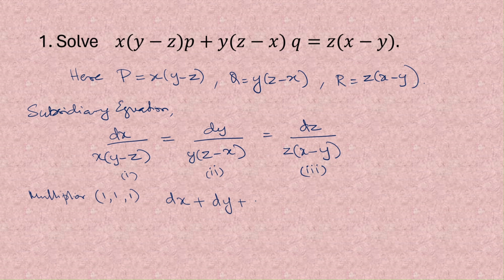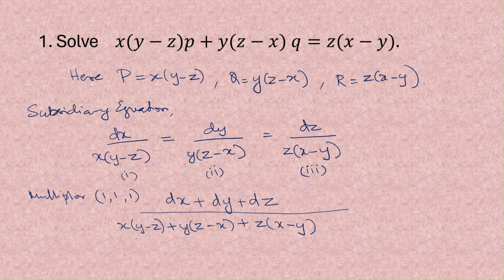Adding all three ratios, the numerator gives dx plus dy plus dz, that is 1 into dx plus 1 into dy plus 1 into dz, divided by the same thing for the denominator: 1 into the first denominator, then the second term, then the third term.